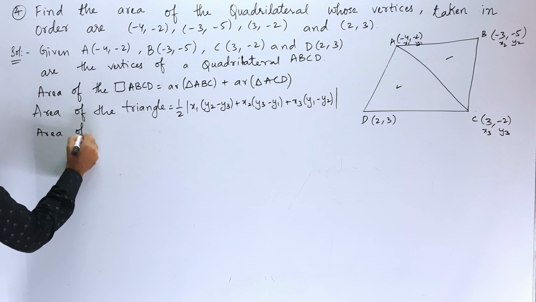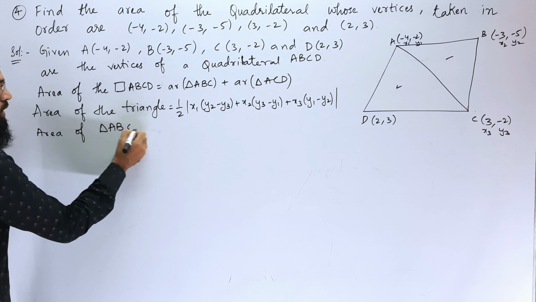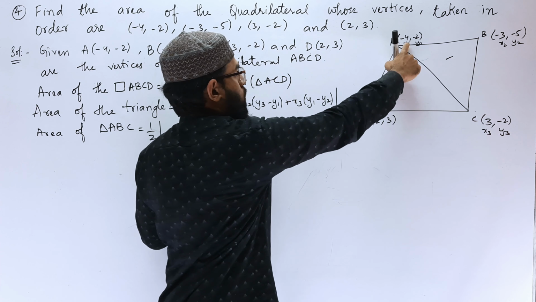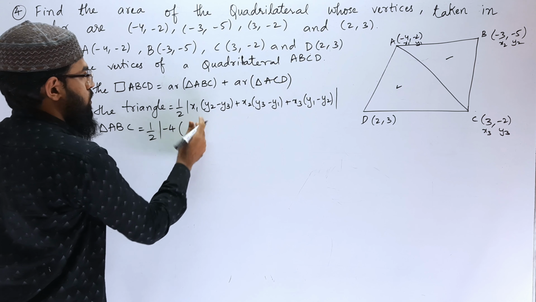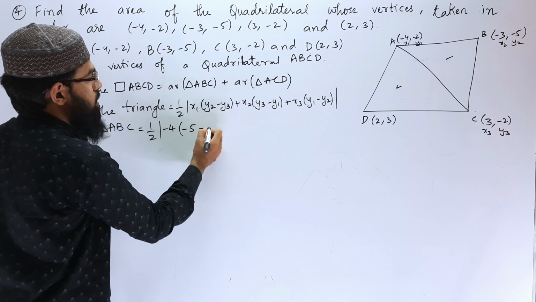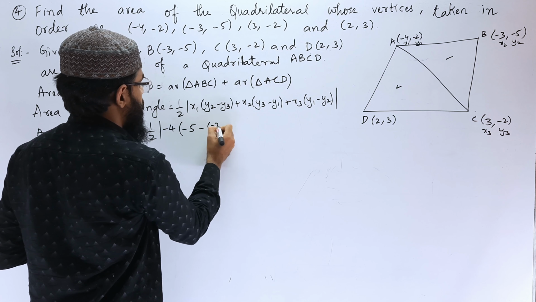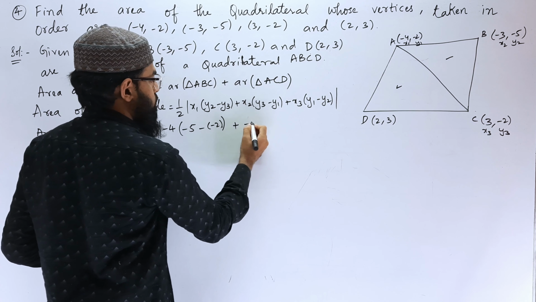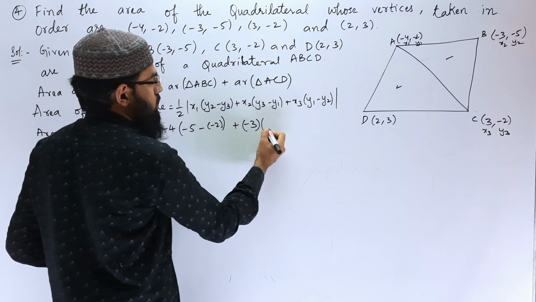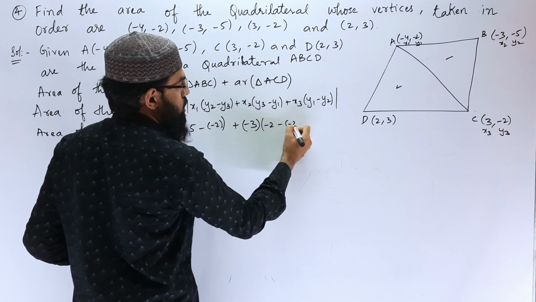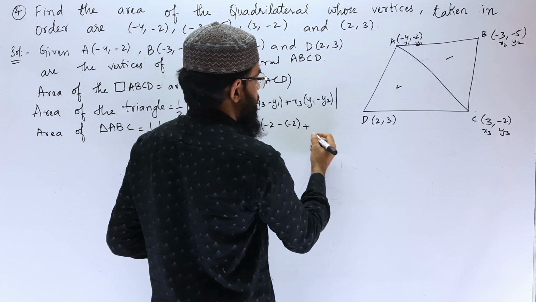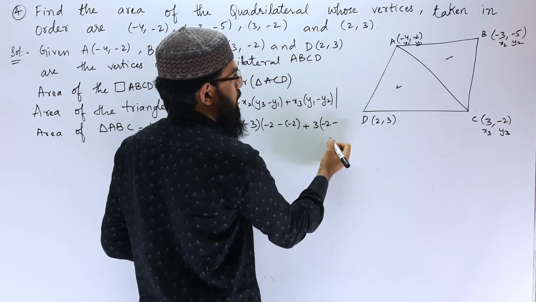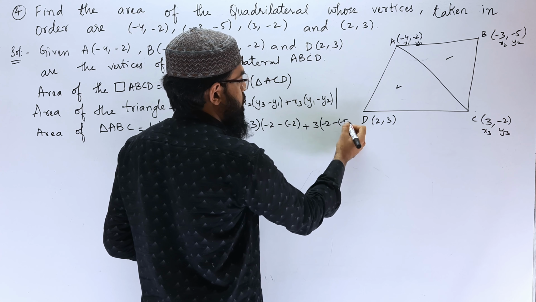Area of triangle ABC is equal to half mod x1 is minus 4, y2 is minus 5, minus y3 is minus 2, plus x2 is minus 3, y3 is minus 2, minus y1 is minus 2, plus x3 is 3 and y1 is minus 2 minus y2 is minus 5.